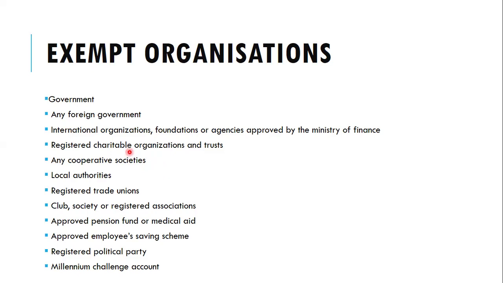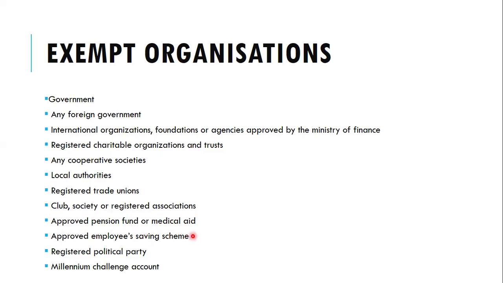Then any cooperative societies, local authorities, a council, if a council transfers property from itself to maybe the Ministry of Lands, no property transfer tax is charged. Then registered trade unions, clubs, societies, and registered associations, approved pension funds or medical aid, approved employees savings scheme.